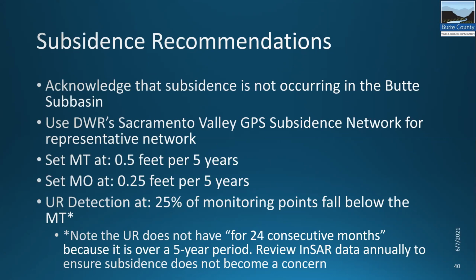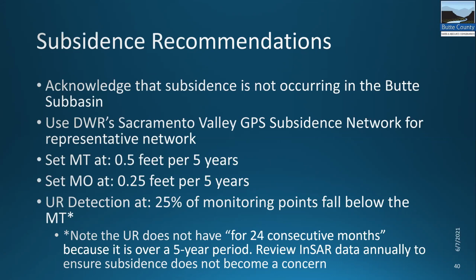And, oh wait, that may be because I'm in the wrong one. I'm trying to take a look here at what they said. That's right, they haven't established their minimum thresholds yet. But they're looking at, in some cases, setting minimum thresholds between 0 and 2.5 centimeters per year over 25% of the management area.